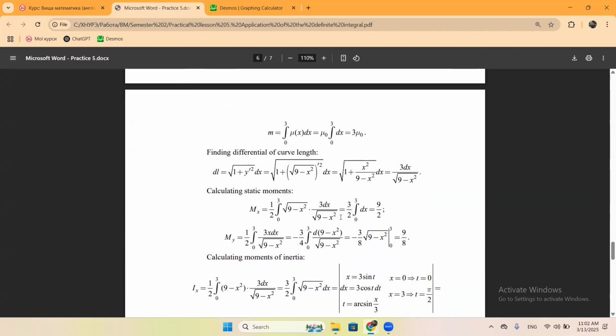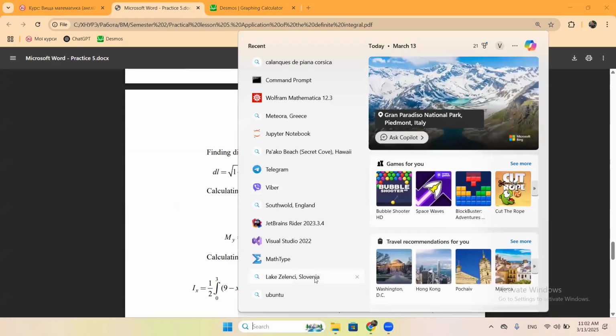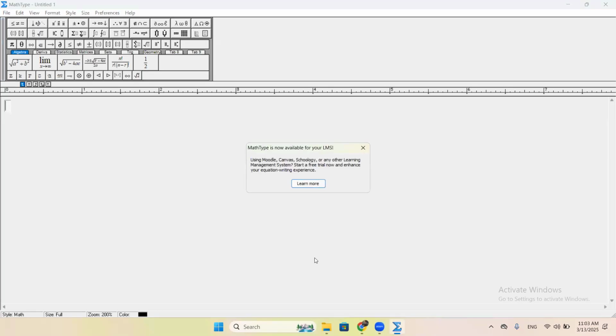Then how to calculate static moments? They are found by these formulas. Let me remind you a little bit which formulas must be used. For static moments, the following.